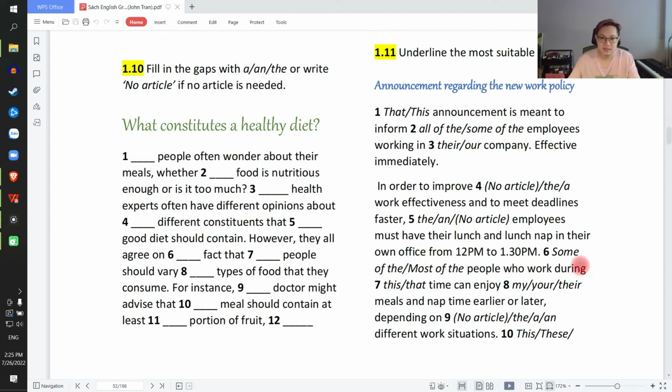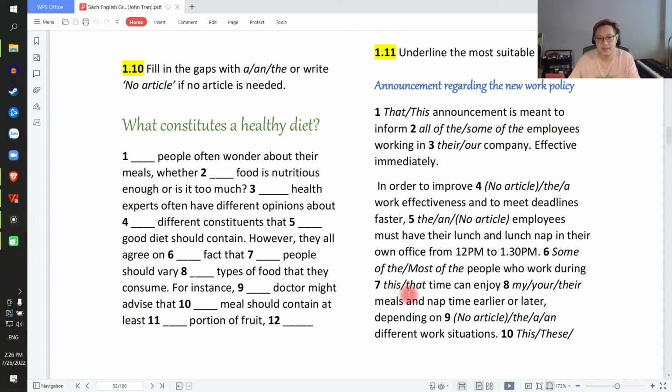Okay, number 6 is some of the people who work during this or that time, because this or that time refers to 12 p.m. to 1:30 p.m. Cái chữ thời gian này là cái chỗ 12 giờ đến 1 giờ rưỡi trưa nè. Nó refer, cho nên là nó có thể nhắc lại, cho nên muốn this or that cũng được.